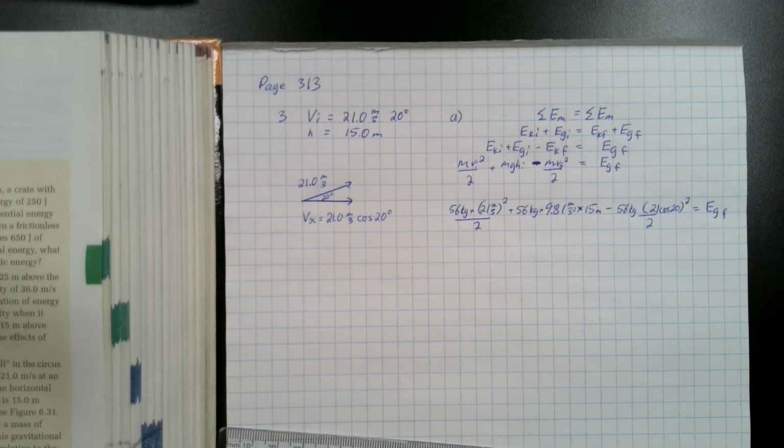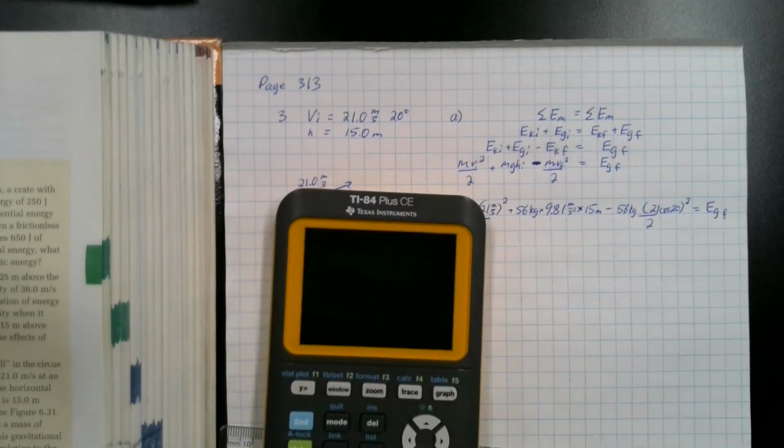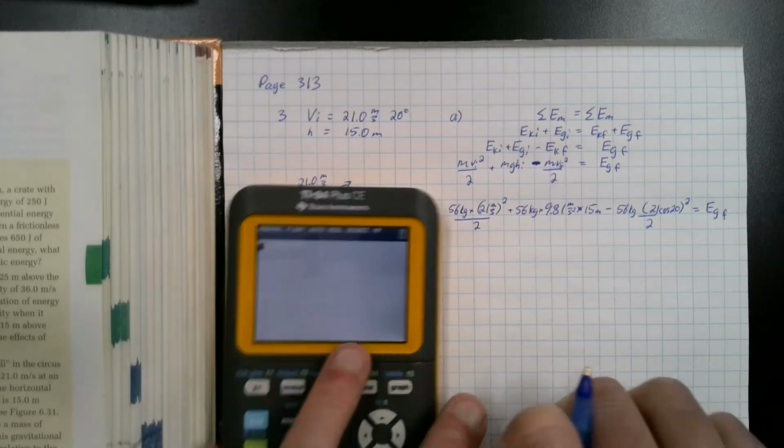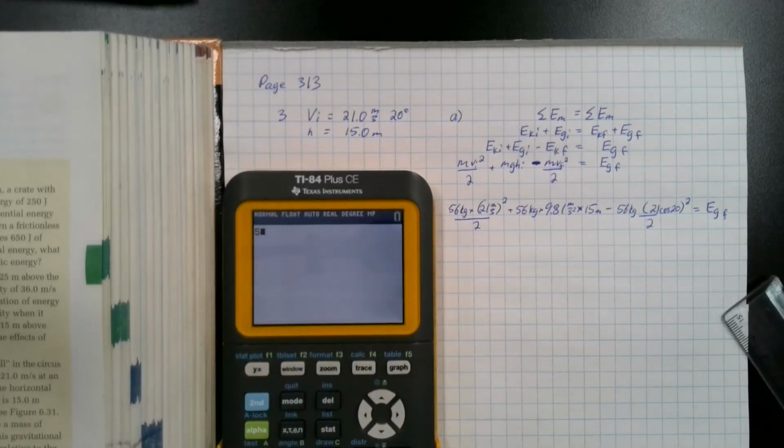So grabbing our calculator here, we have 56 times 21 squared divided by 2 plus 56 times 9.81 times 15 meters minus 56 times brackets 21 cos 20 close brackets squared divided by 2, and nope, just a sec, missed a bracket in there.